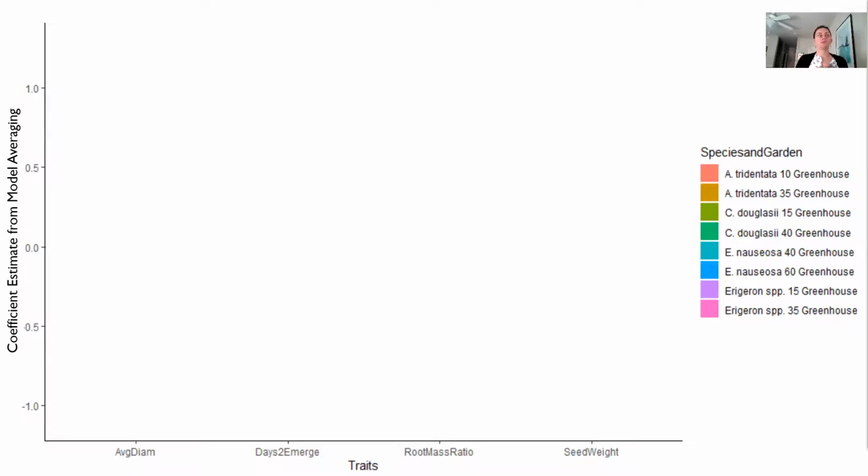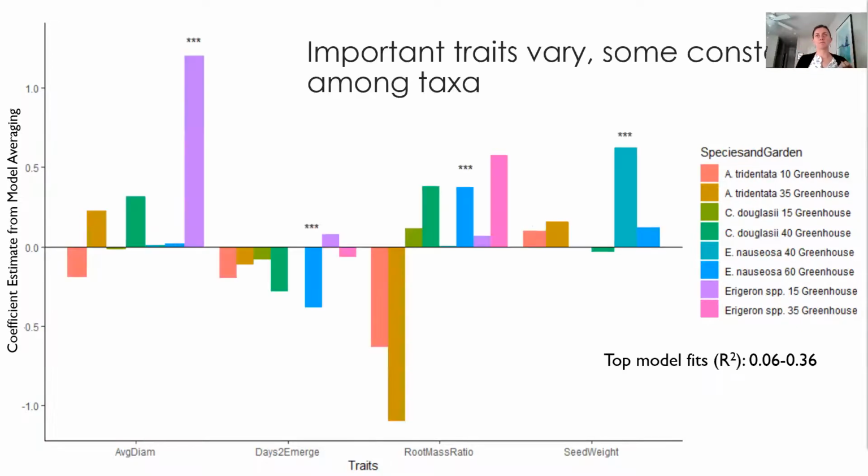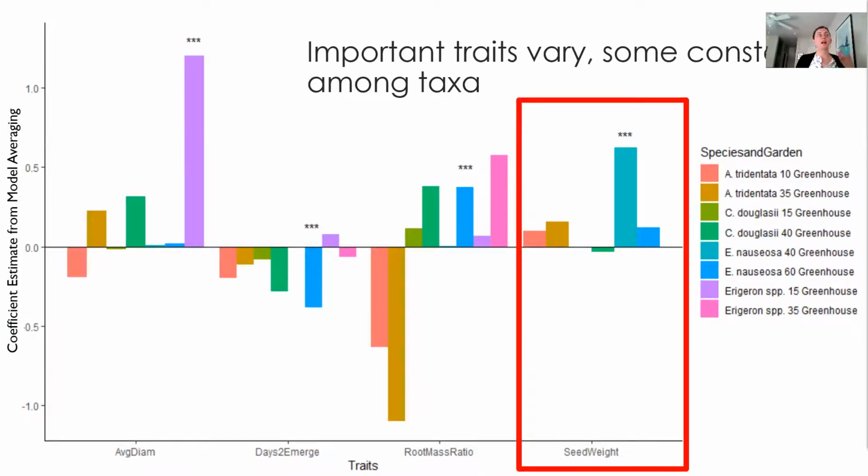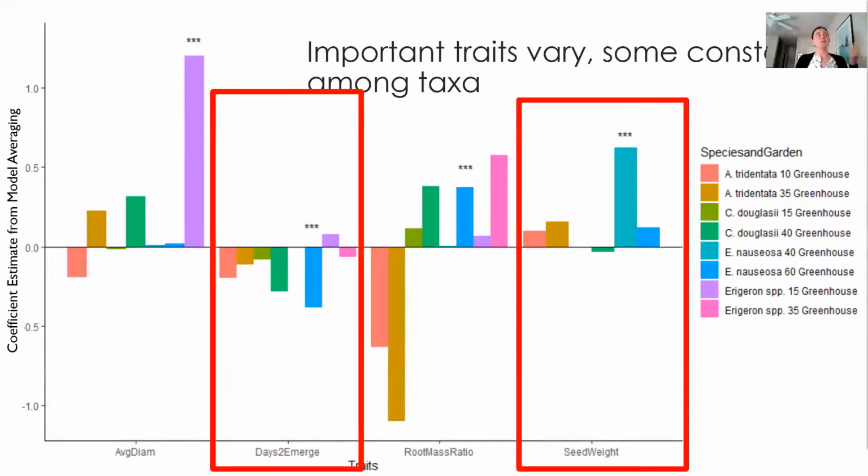This figure pulls out the top 4 traits across the x-axis, and then the coefficient estimate, sort of how strong of an effect that trait had on survival, on the y-axis. Interestingly, the traits did not all follow the same patterns, but generally we could say that higher seed weight and fewer days to emerge were associated with survival in the field.